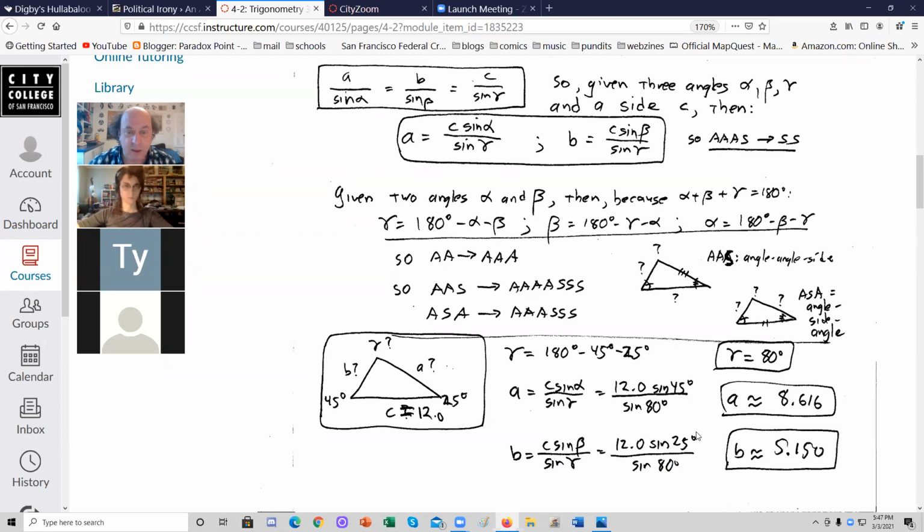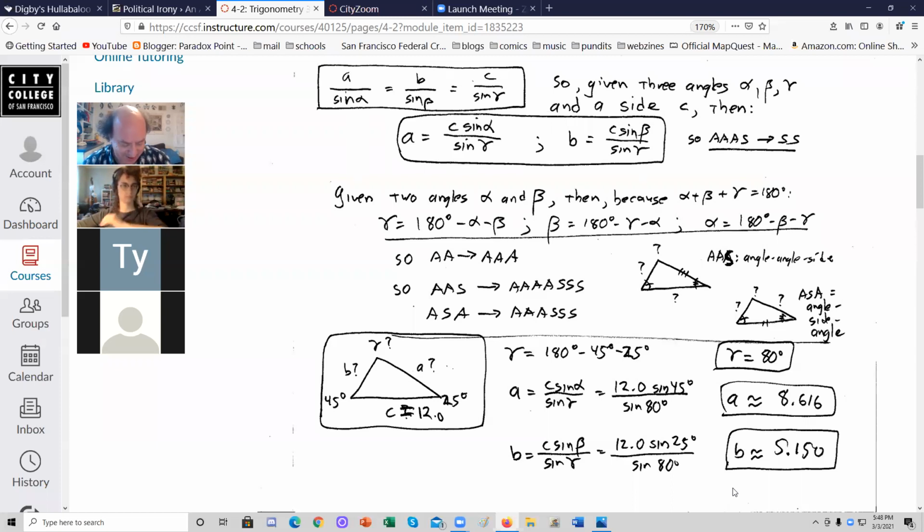Excuse me, a triangle is 180 degrees, correct? That is correct. 45 and 25 minus 180 is 110, right? Let me double check there. 180 minus 45 minus 25. You are absolutely right. Gamma equals 110 degrees. So I should change that. So a is 12 sine 45 divided by sine of 110.